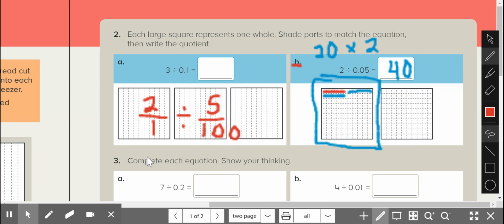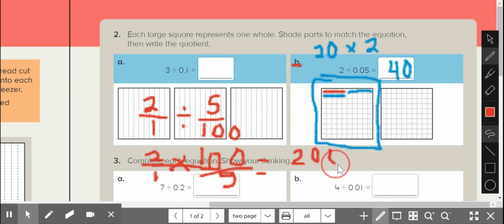Well, remember what we're going to do: we're going to change, and we're going to flip. Put our 5 down here now. 2 times 100, because we're going to go across our numerators first. Could do denominators first, but I'm going to do this one first: 200. And I've got all my denominators, 5.